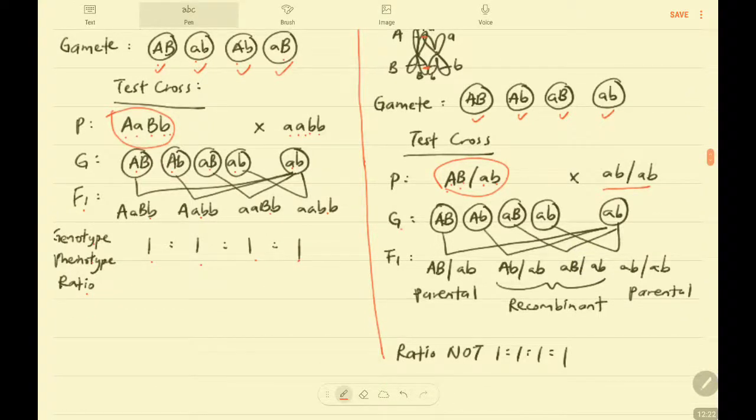For the gametes here, crossing over occurs, so you form 4 possibilities of gametes.